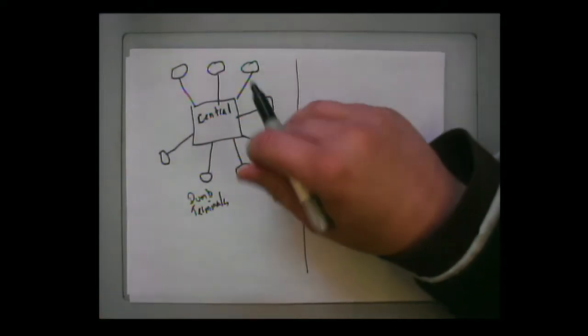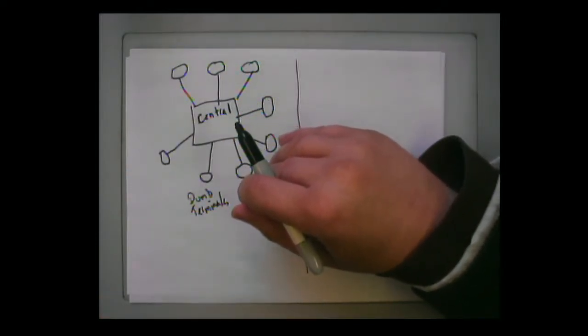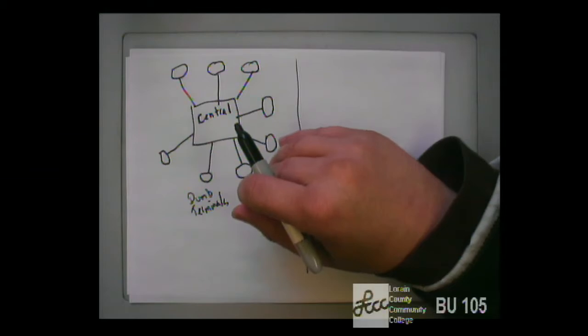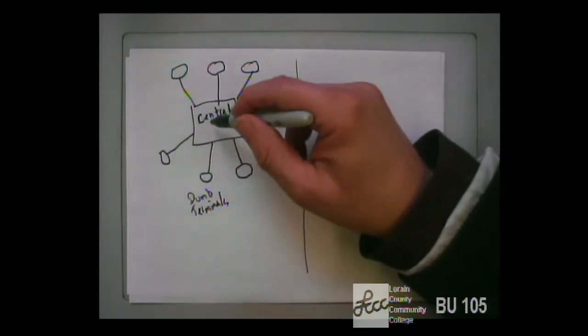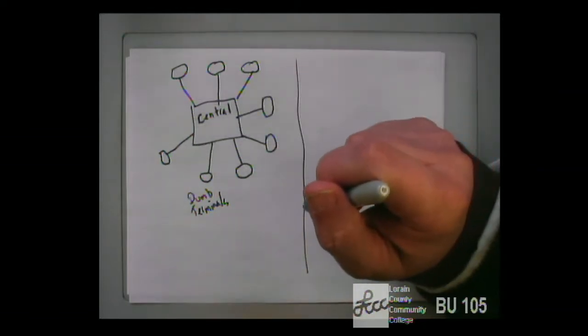And what do I mean by dumb terminals? What I mean is they didn't have any processing power of their own. They were just input-output devices. They were a screen and a keyboard that was connected to a computer somewhere else, essentially. And all the work, all the processing power, was in the central computer.